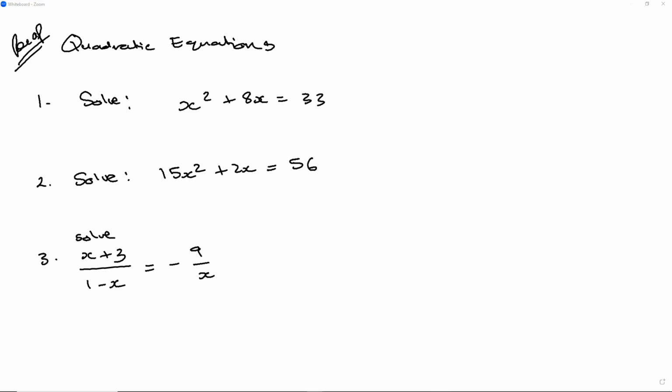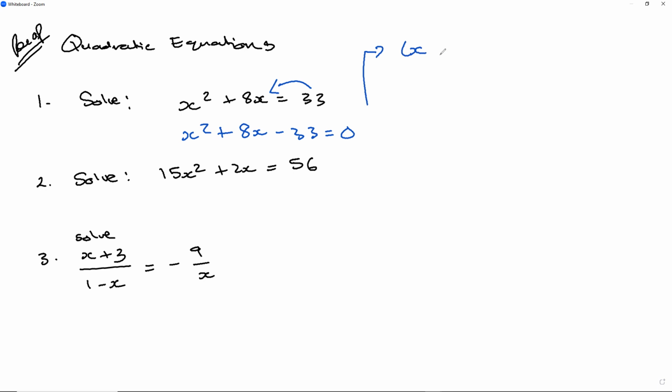All right, so for the first question, if I move the 33 over and change signs, I'll get x squared plus 8x minus 33 equals 0. Once I've got that, I can factorize this.